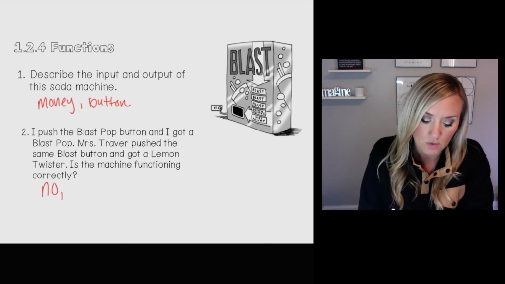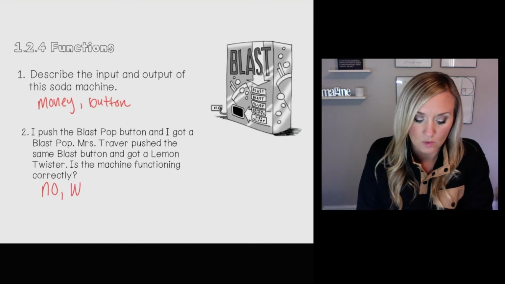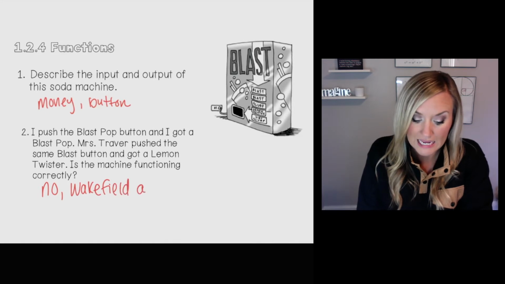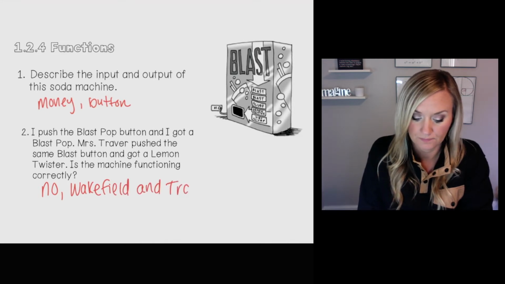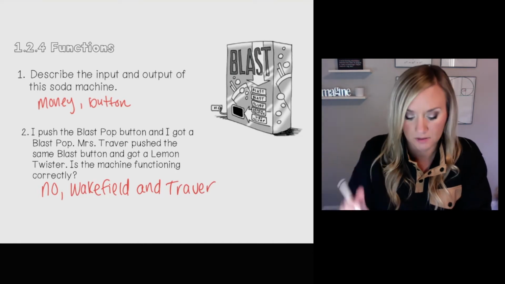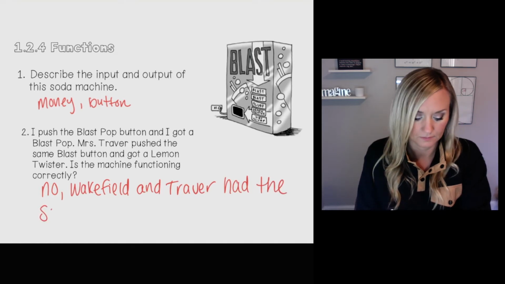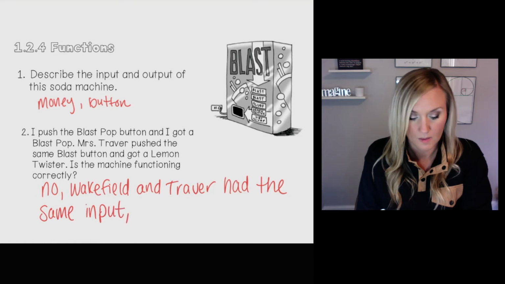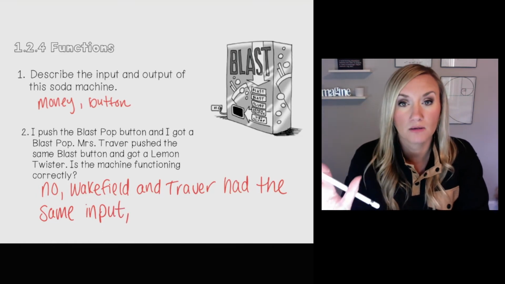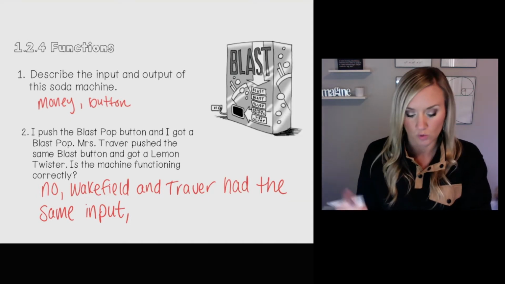So no, and that means that Wakefield and Traver had the same input. We pushed the same button. But when we pushed the same button, we had the same input, we both got different outputs, which means no worky.